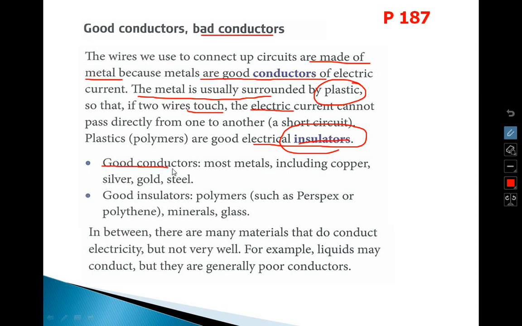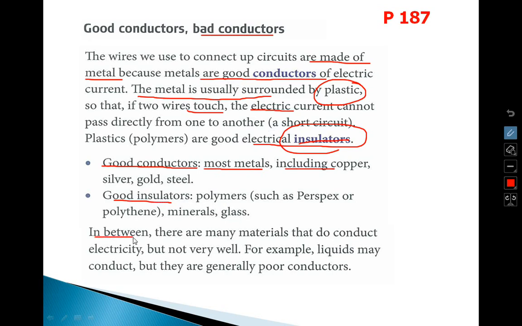We have good conductors, which include most metals, including copper, silver, gold, steel, and other ones. Good insulators are like glass, plastic, wood, other polymers, and lots of things. They are very good insulators.